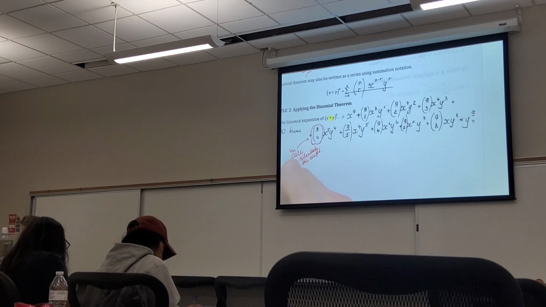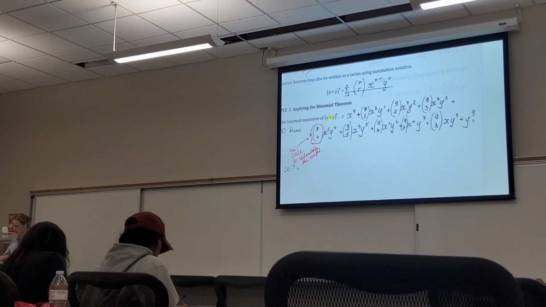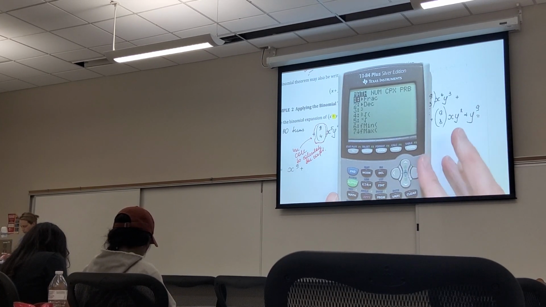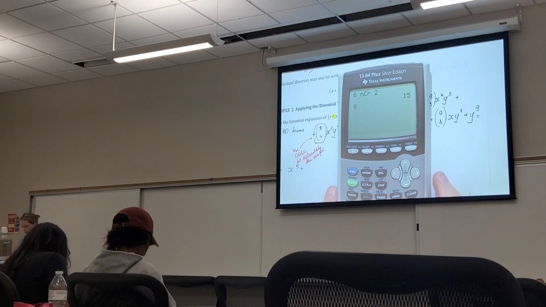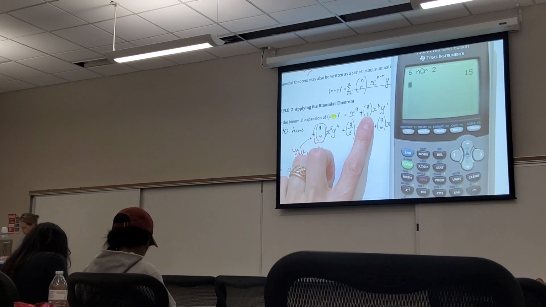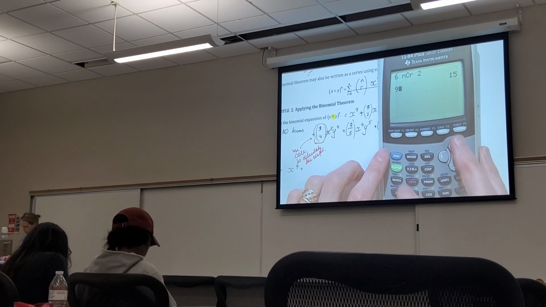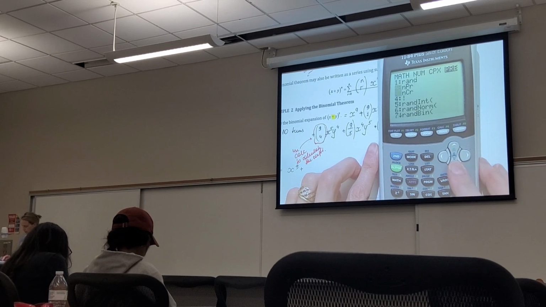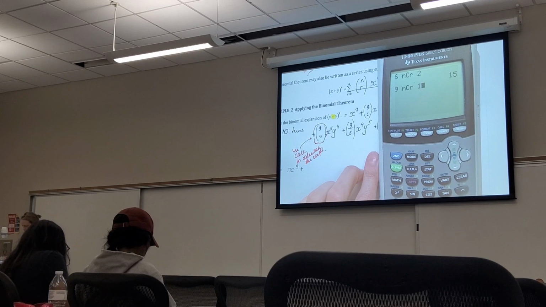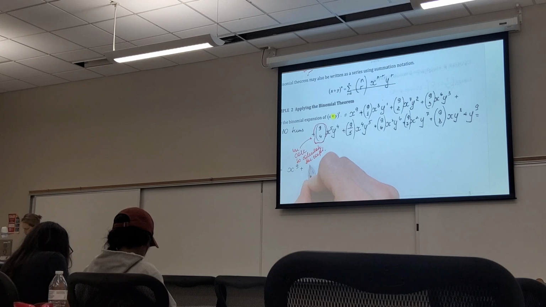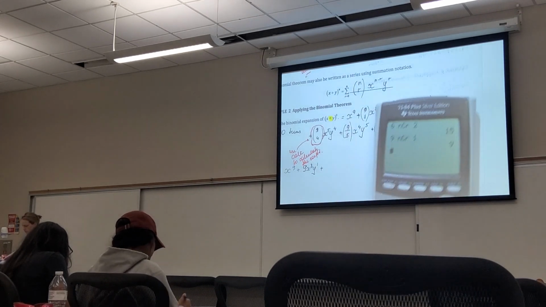We are going to start with x to the 9th plus, and we use our button on the calculator, yes? We are choosing, depending on your calculator, again, remember how it works. Start with 9, in my case, you use your calculator. Math, probability, combination of 1, correct? And it gives me 9. So next coefficient needs to be 9, x to the 8th y first, and you keep going.